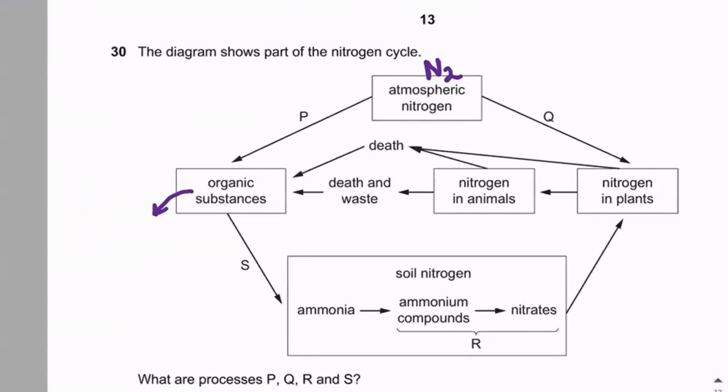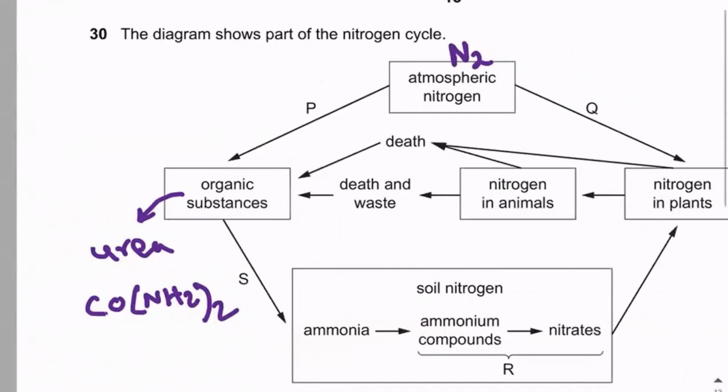We have organic fertilizers as well, for example urea, right? Urea is an organic fertilizer. That is CO(NH2)2. So whenever you convert atmospheric nitrogen into any compound that contains nitrogen, the process is nitrogen fixation.